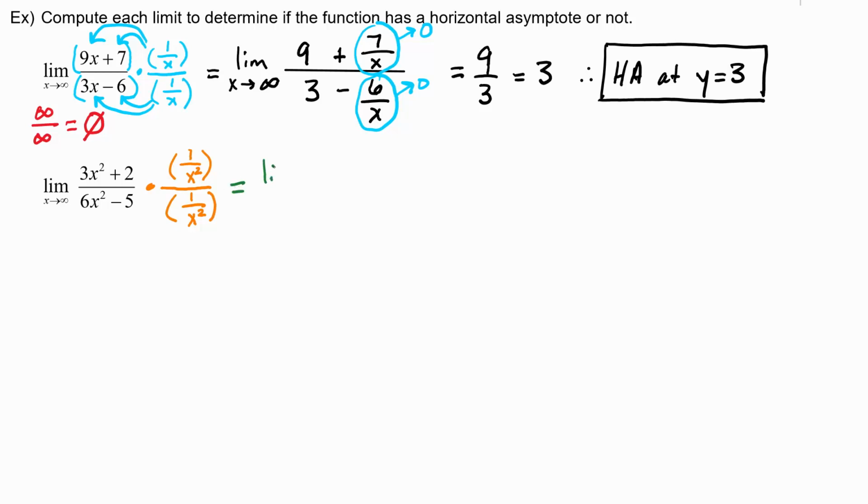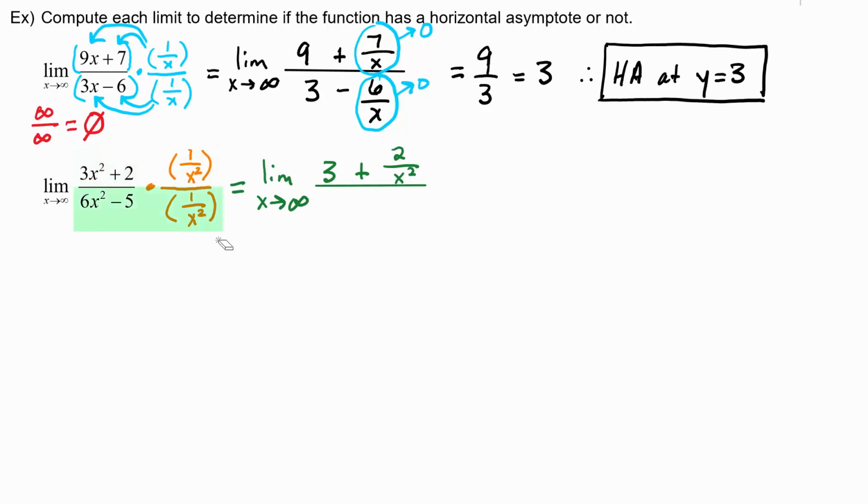This is going to equal the limit as x goes to infinity. Remember, we have to distribute this numerator. So 1 over x squared times 3x squared is going to be 3 plus 1 over x squared times 2 is 2 over x squared.